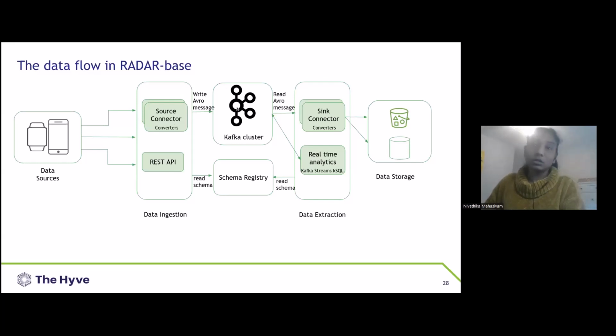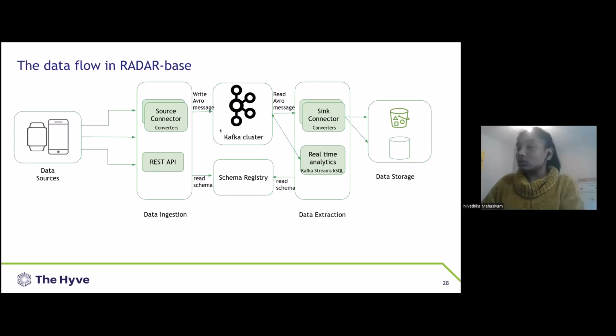Then the Kafka cluster will process it and put it on the right topic. We also use REST API to capture data, but the REST API will also do the same. It will either transfer that data back into a source connector, or the REST API would send it to the Kafka cluster itself, which has a REST proxy, which will be able to do the same thing as source connectors.